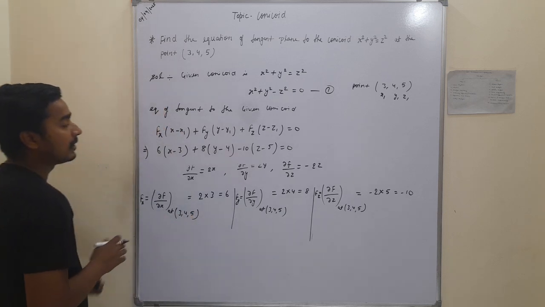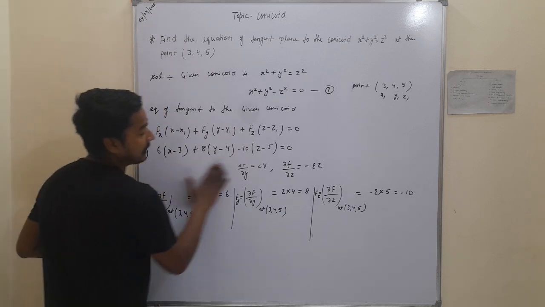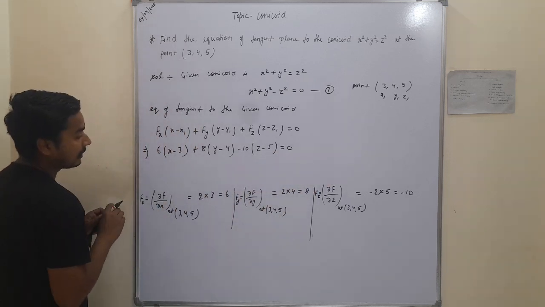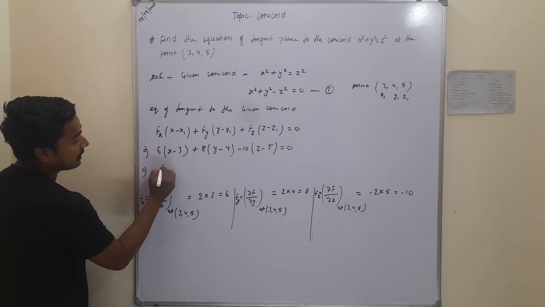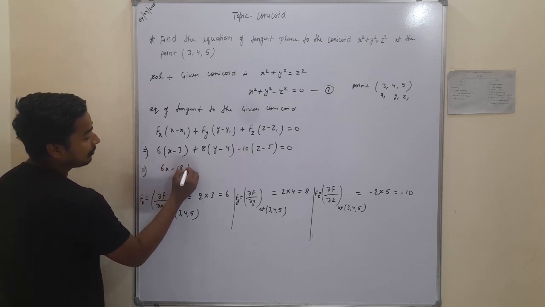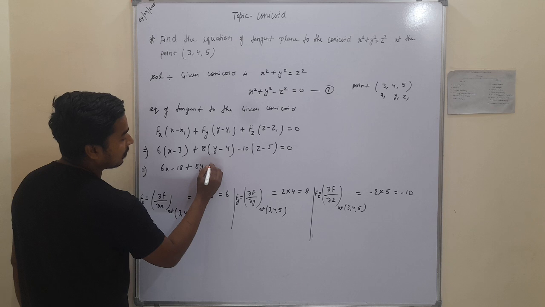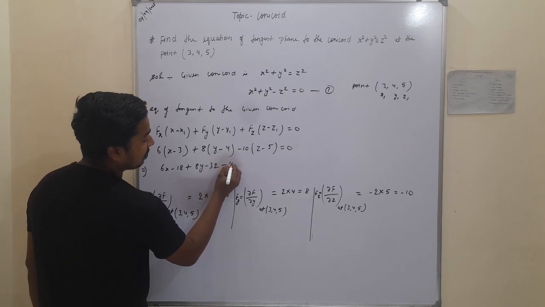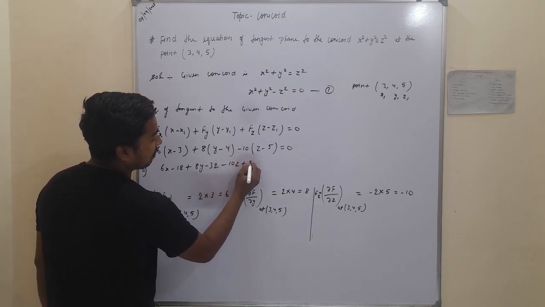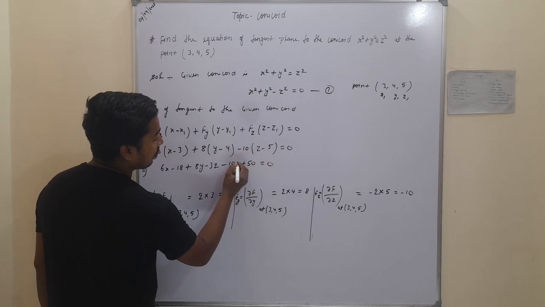Solving, we get 6x minus 18 plus 8y minus 32 minus 10z plus 50 is equal to 0.